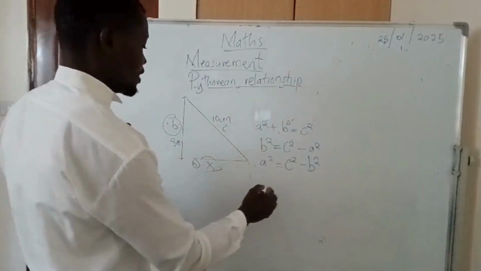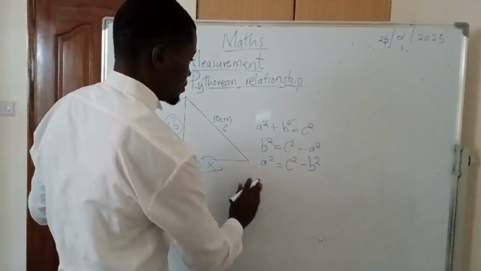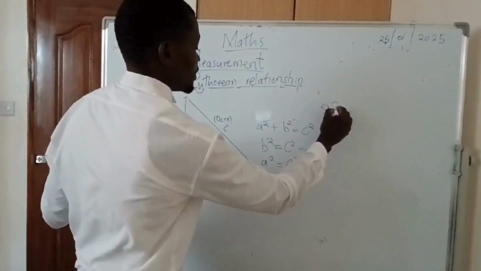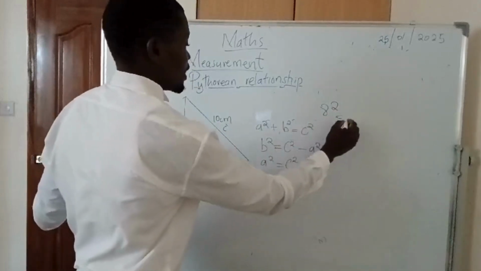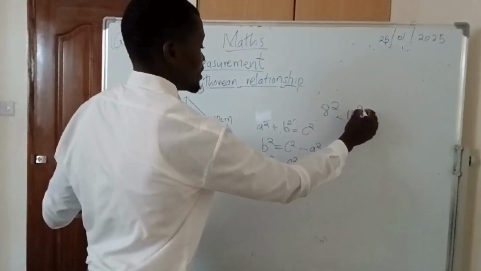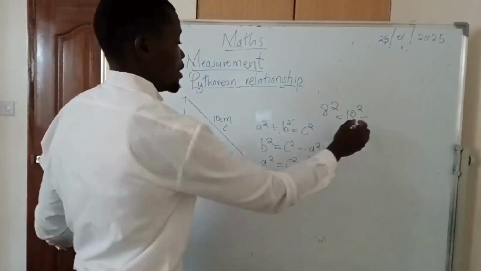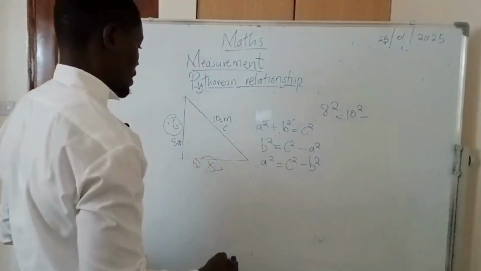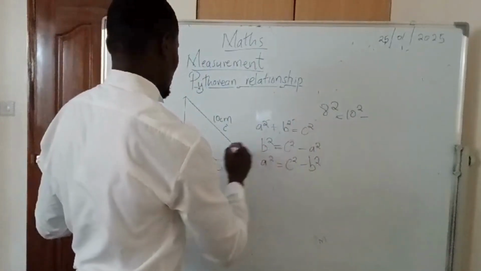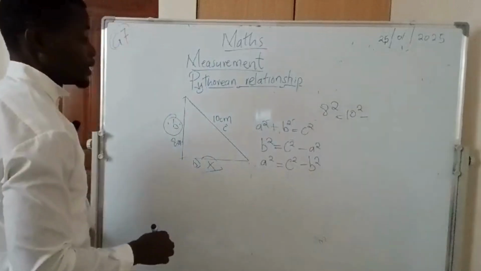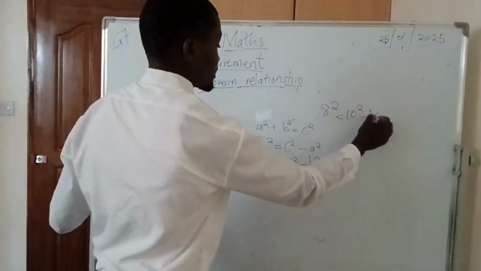So this is b, which will be 8. The b will be 8 squared, is equal to c squared, that will be 10 squared, minus a squared. Now our a here is x.